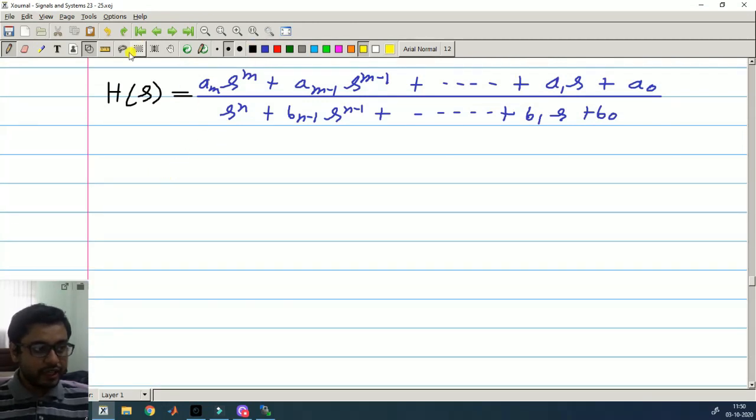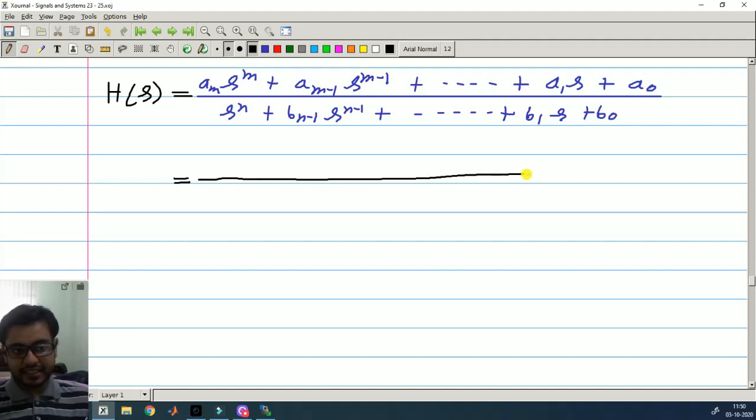First, we will factorize these two polynomials like this.